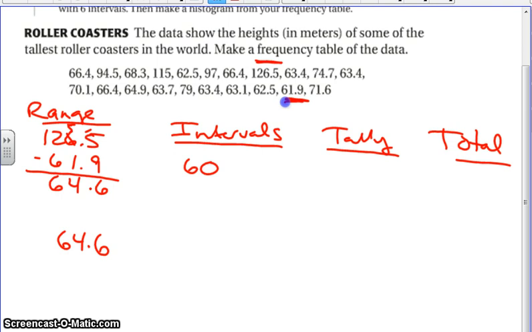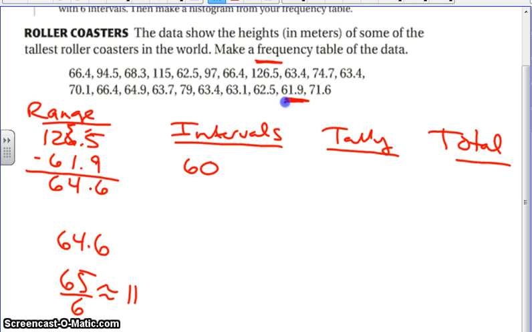We could round it to what? She's saying 65, okay. And if we're trying to divide it into 6 intervals, what could we do? Divided by 6. We could divide by 6, right? About how many times would 6 go into 65? Almost what? 11. 11 times, right? So could we have intervals of 11?